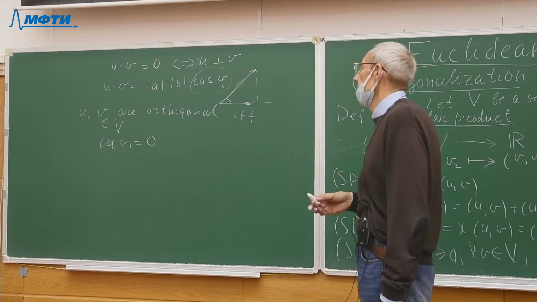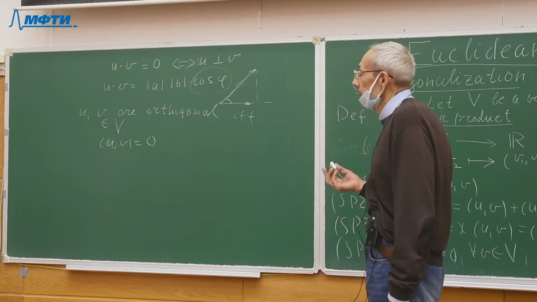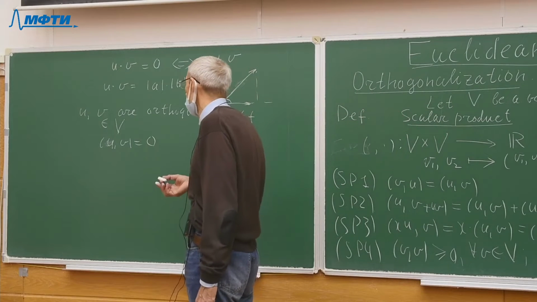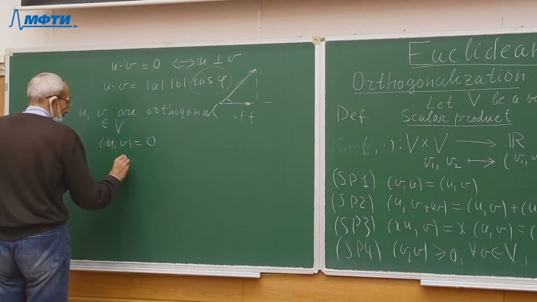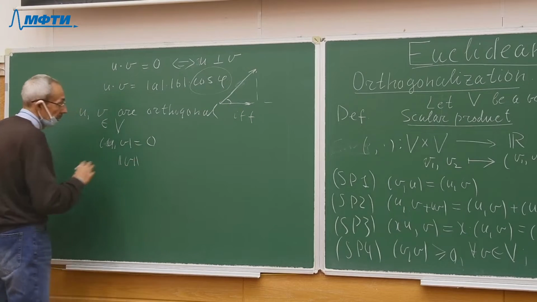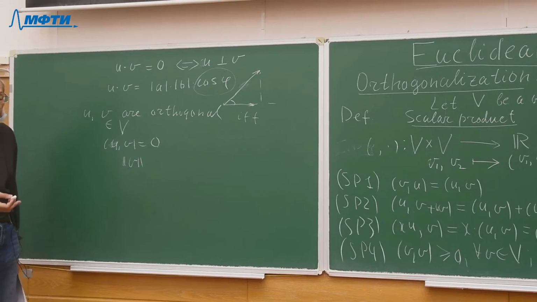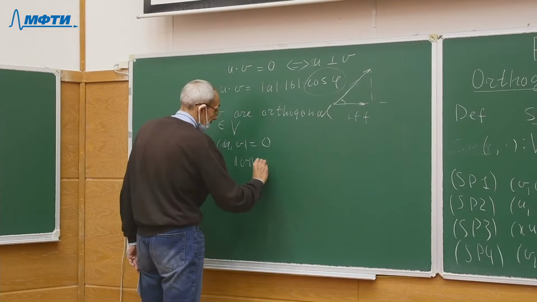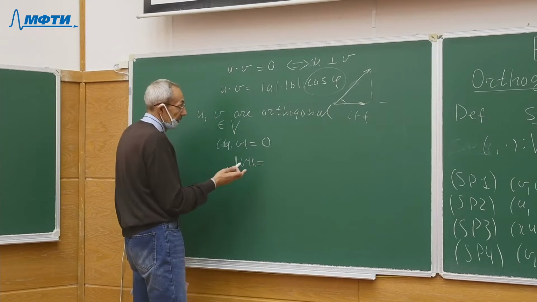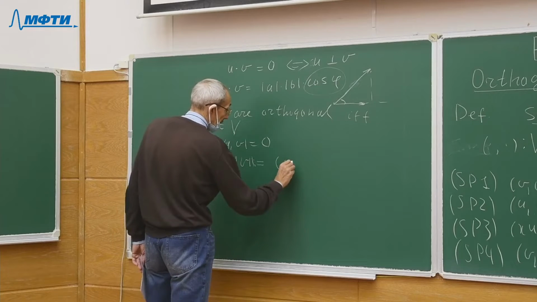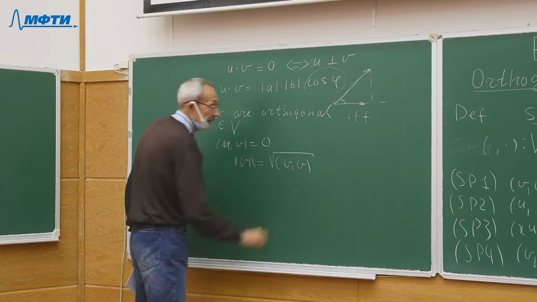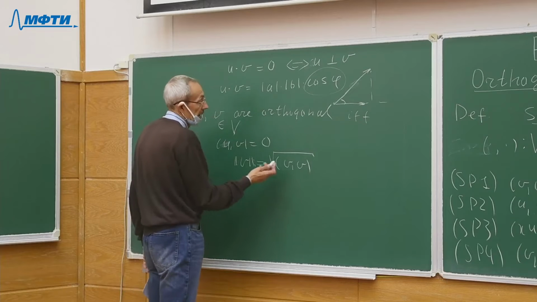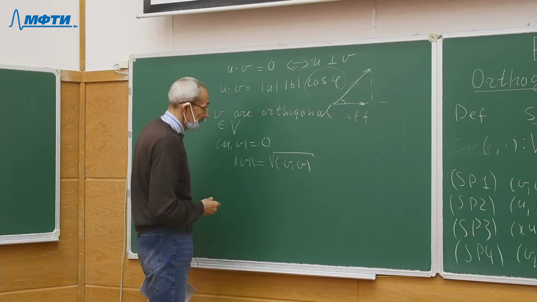And we can introduce independently the notion of the length, or the norm, of an arbitrary vector. The norm of a vector is a natural generalization of the notion of length. We define the norm of vector v as the square root of the scalar square of this vector.